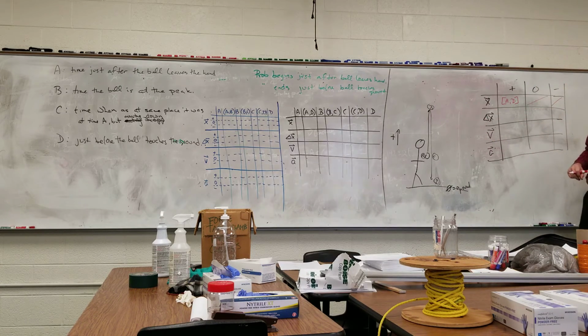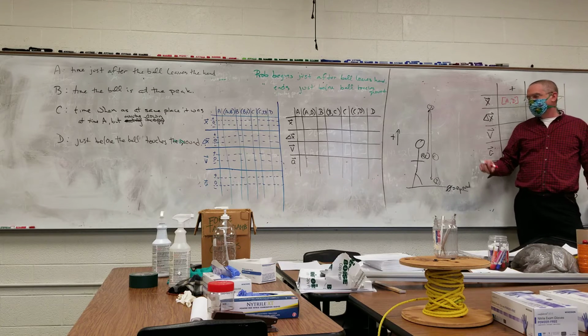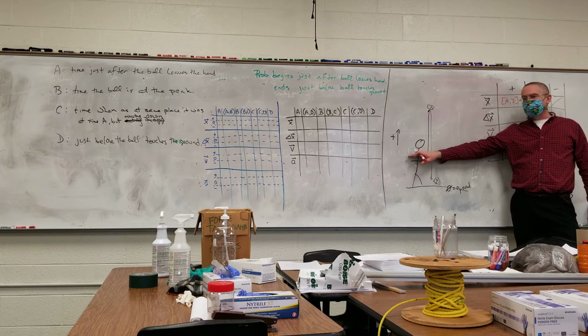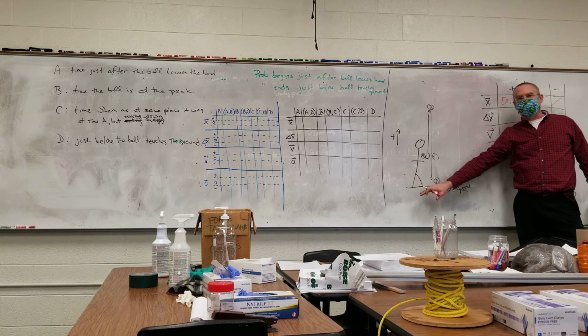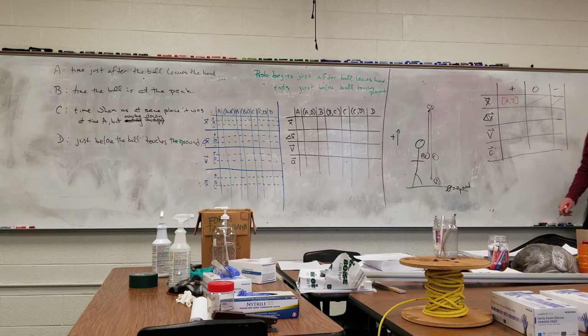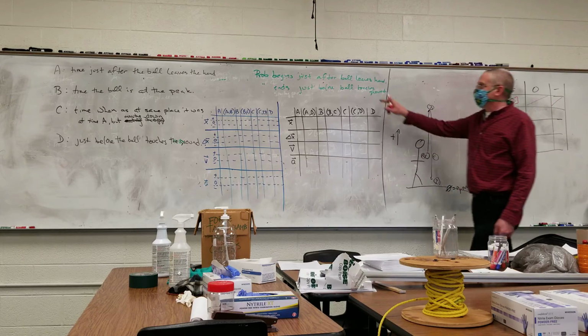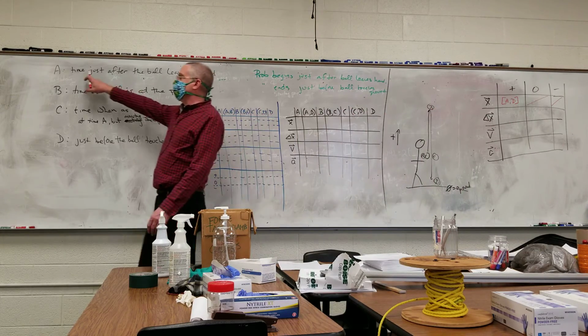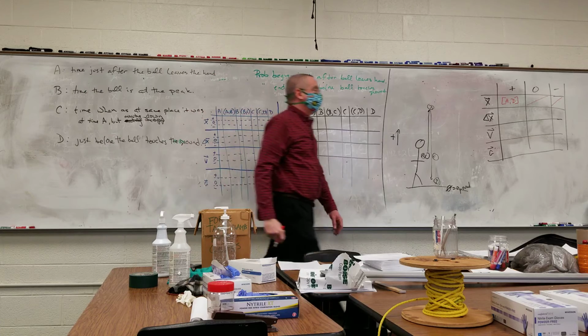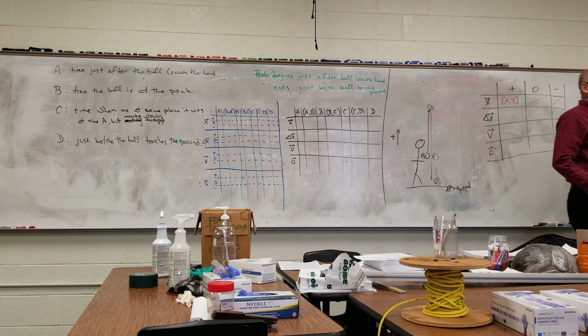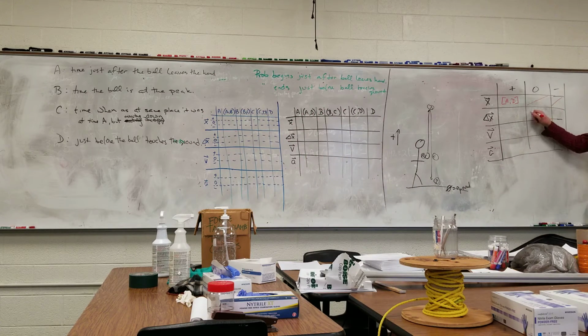Displacement is overall displacement. That cares about starting point, so it's like you have a number line here with the positive numbers this way, negative numbers that way. Well, the problem starts at time A, just after the ball leaves the hand. So it's at the starting point at the very beginning of the problem.